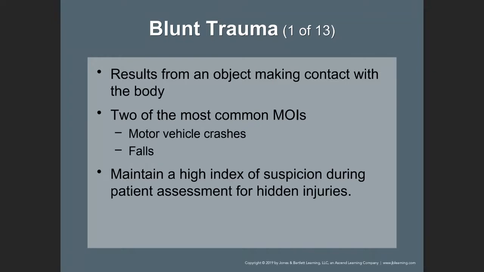Results from an object making contact with the body. The two most common mechanisms of injuries for blunt force trauma are motor vehicle crashes and falls. Maintain a high index of suspicion during patient assessment for hidden injuries. Again, the mechanism of injury is what caused the injury. The index of suspicion is the worst injury you can anticipate based on the mechanism of injury.